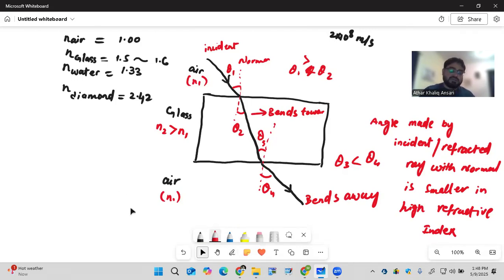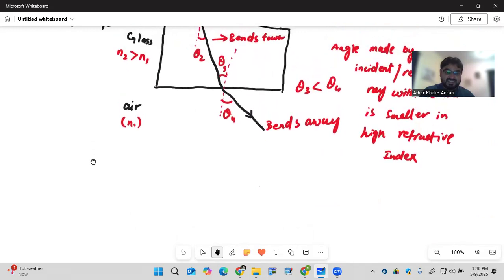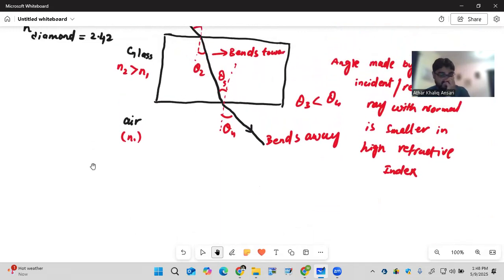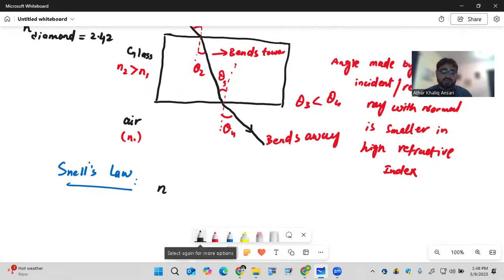Similarly, when we go further, we can say that whether a light ray bends toward or away from the normal, depending upon the refractive index, was explained by a scientist called Snell. Snell's law says that the product of refractive index and the sine of the angle is always constant.